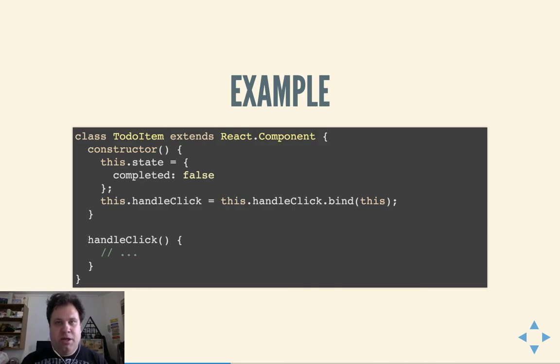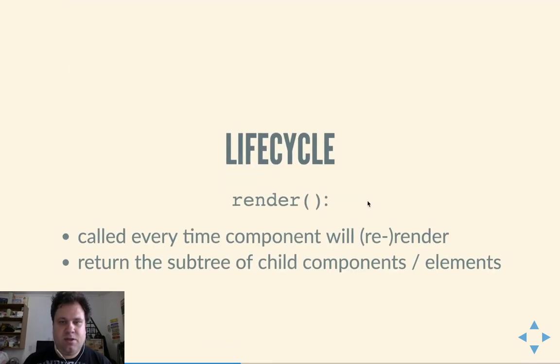But remember, ES6 classes do not typically bind the internal methods to this, and because of that, the most idiomatic way of having them bound is by binding them in the component's constructor, like I'm doing right here. So I'm changing this.handleClick to be this.handleClick bound to this. Cool.